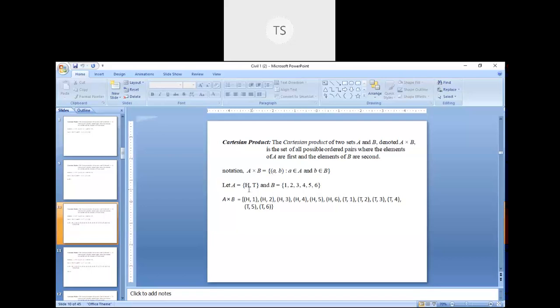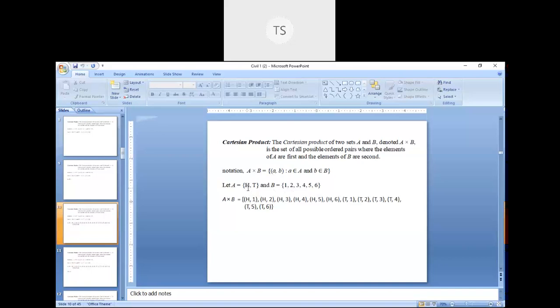Now, if I choose any element from the first set, that means from set A, it will be H. Now, I have to combine this H with all the elements of the second set. That's why I have written H1, within first bracket.